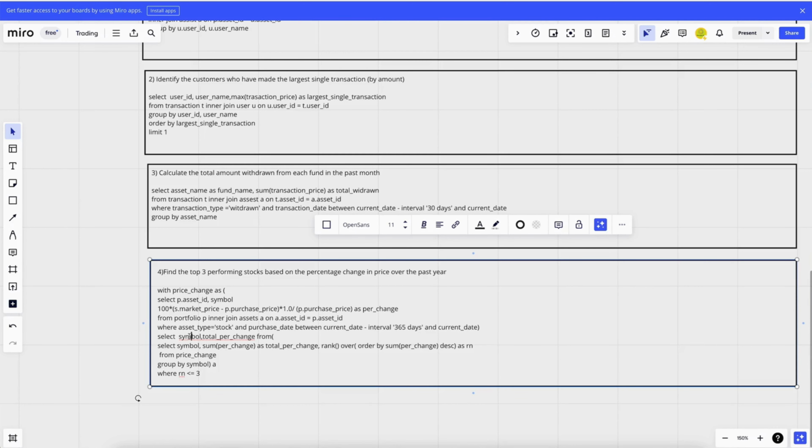So we are just selecting the symbol and total percentage change, where our rank is less than or equal to 3. So that should solve the fourth problem here.